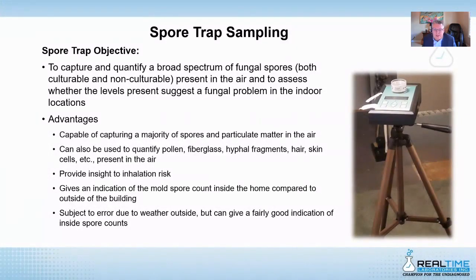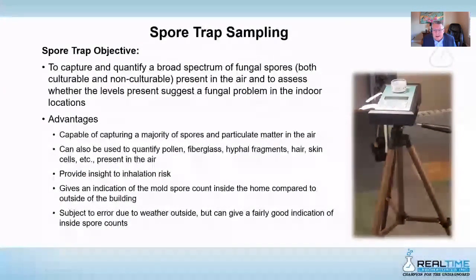It can be used not just for mold testing, but when we have clients that have allergen issues, you can run pollen panels for elm or oak or grasses or those sorts of things. It'll pick up other items such as skin cells, insect fragments, fiberglass, and larger hyphal fragments as well. If you're taking your sample 3 to 6 feet off of the ground, which is where you should be taking it, it helps you understand the inhalation risk of the occupants.